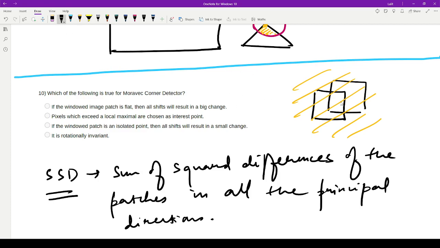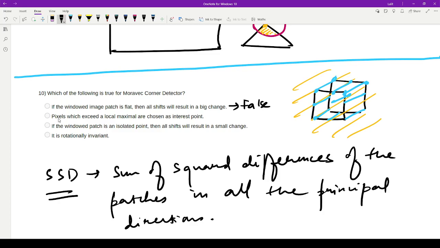No. Because all of them are similar, the sum of square differences will be very small. So it is false. You are taking the corresponding pixels and just taking the differences. So for a 3 cross 3 patch, you have 9 values of differences.